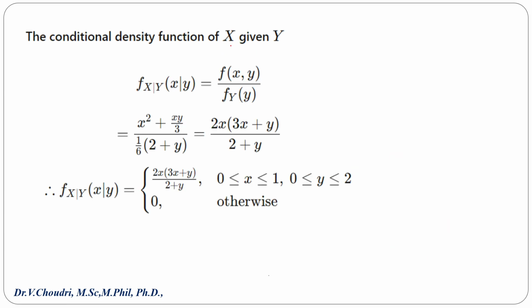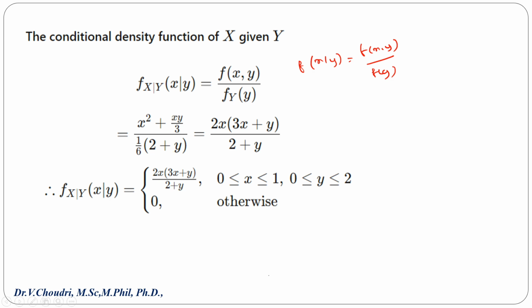Now, the conditional density function of x given y. If you are not able to understand this one, simply write f of x by y equal to f of x comma y divided by f of y. Mentioning x by y means you should understand the random variables for that purpose. What is f of x comma y? x square plus xy divided by 3. What is f of y? 1 by 6 into 2 plus y.